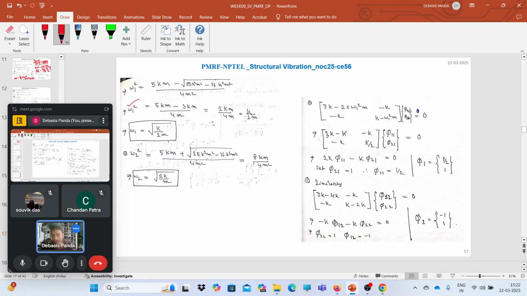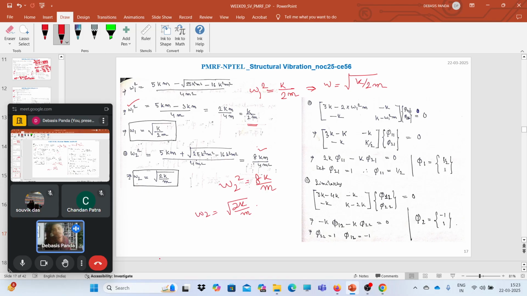Omega 1 square, the first root of this characteristic equation, comes as K by twice M, and omega is nothing but the square root of K by twice M. The second root, omega 2 square, comes as 8K by M. That means omega 2 is the square root of 8K by M, or twice the root of 2K by M. Right?